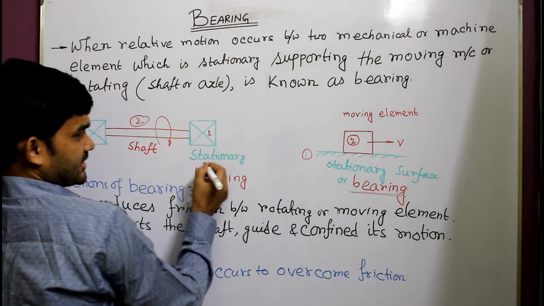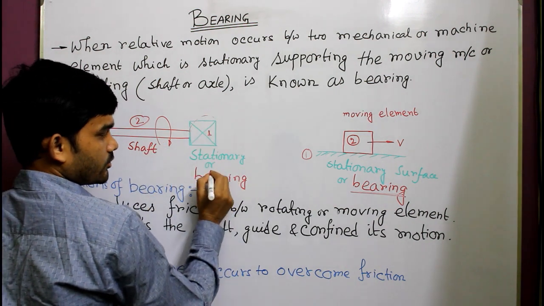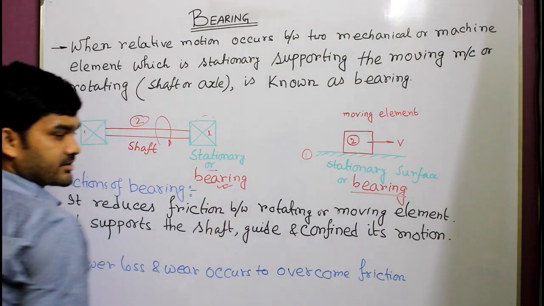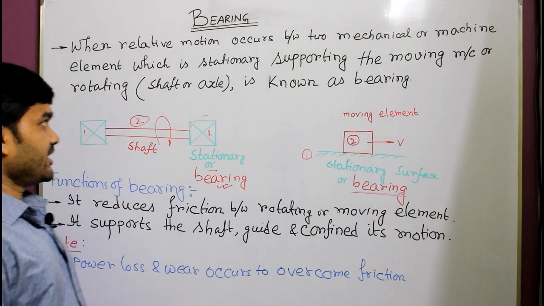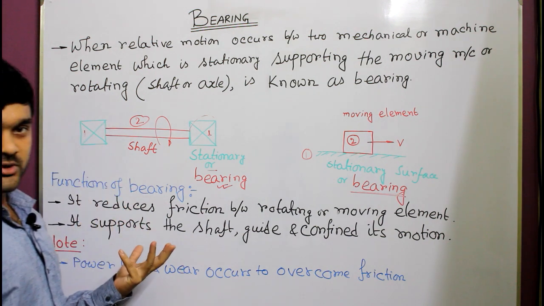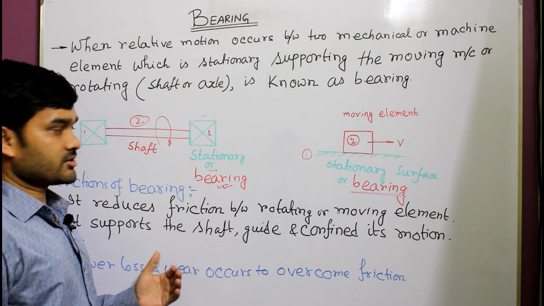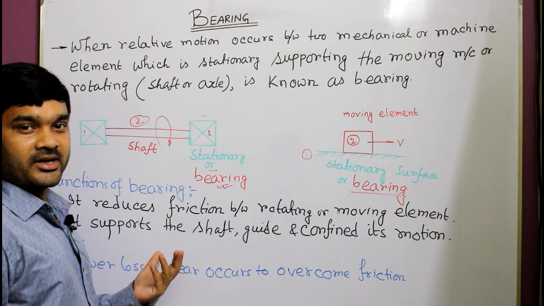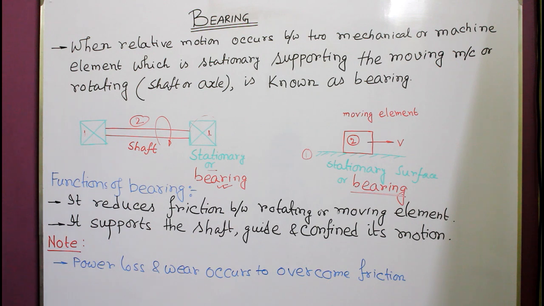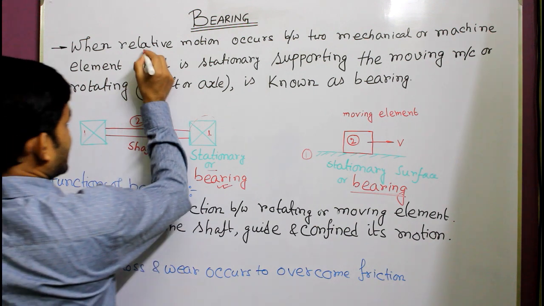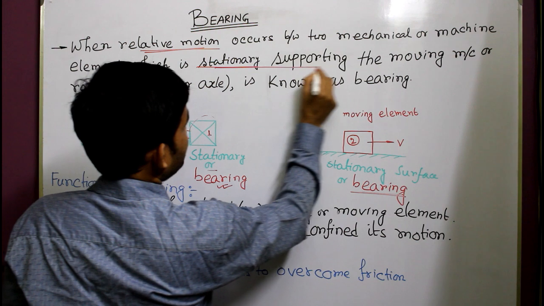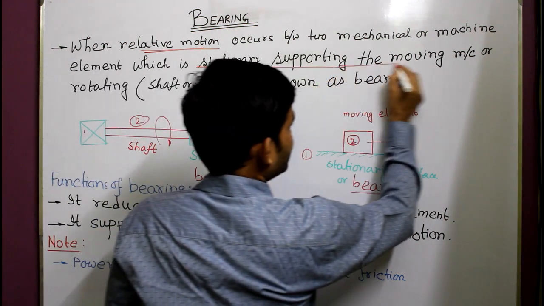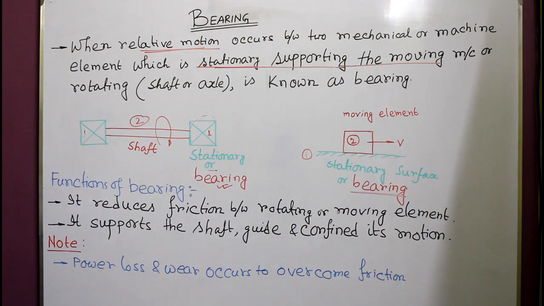So in this case the stationary element is known as the bearing. As I already said, when there is relative motion, the element which supports the moving or rotating element is defined as the bearing. So these are the two important points we need to concentrate on: relative motion, and a stationary element supporting the moving element.